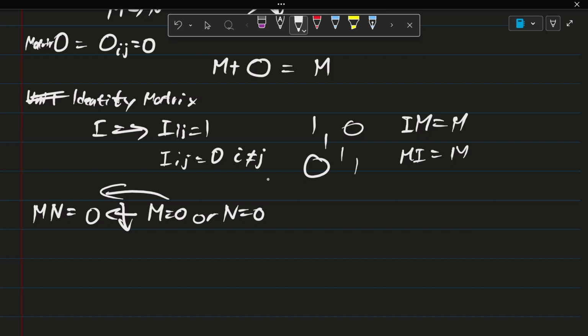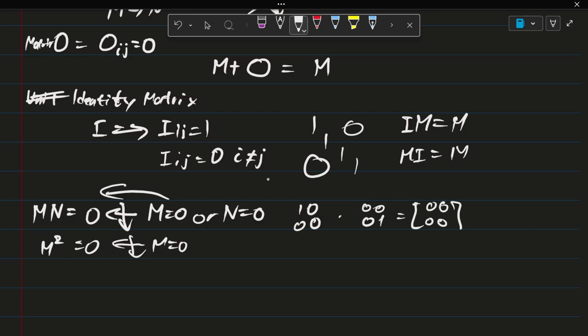And so this could also conclude that m squared equal to 0 doesn't truly mean that m equals to 0. There are lots of examples of this. One of them is if you take 1, 0, 0, 0, and 0, 0, 0, 1, and then you take the dot, what you would get is the 0 matrix. So that's everything for you to know about matrices in general.